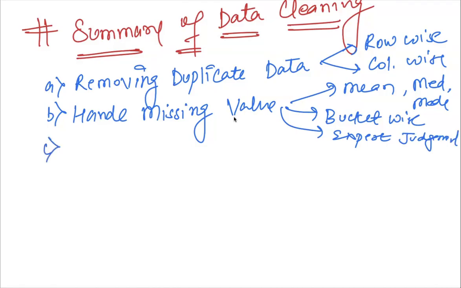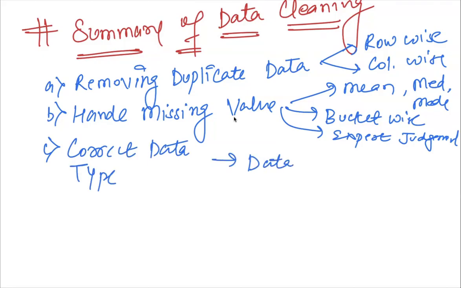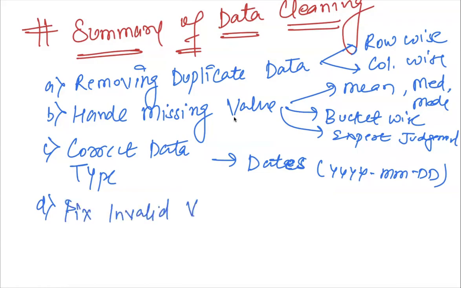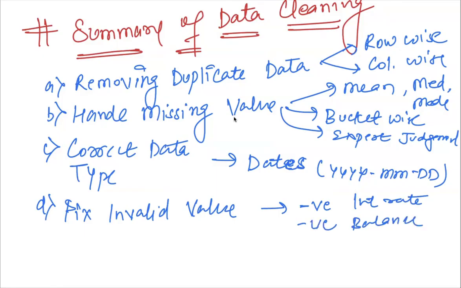The third is to correct the data types. A lot of times you have data in different formats, dates in different formats, year, month, day. Make sure to correct the data types. Then make sure to fix invalid values. Let's say if you see negative interest rates or negative balances, you need to fix all those values. Then fifth is remove the leaky features, remove leaky variables.